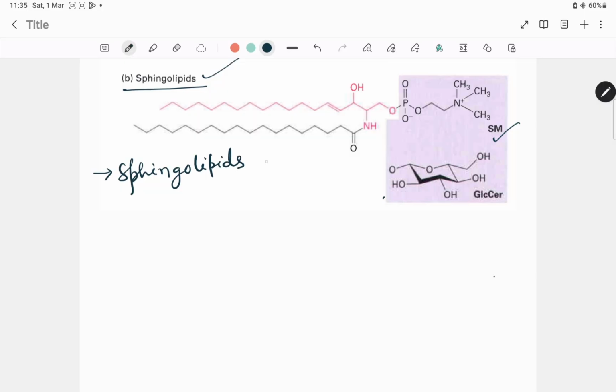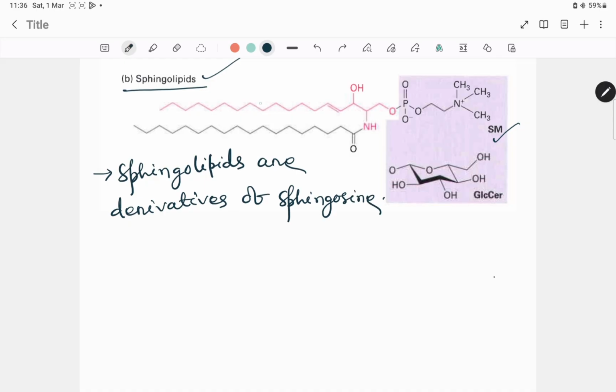Sphingolipids are derivatives of sphingosine. This red colored group is called sphingosine. Sphingosine is an amino alcohol.